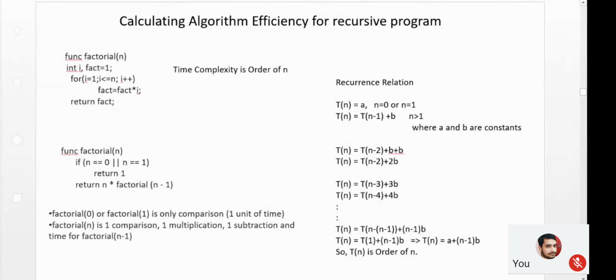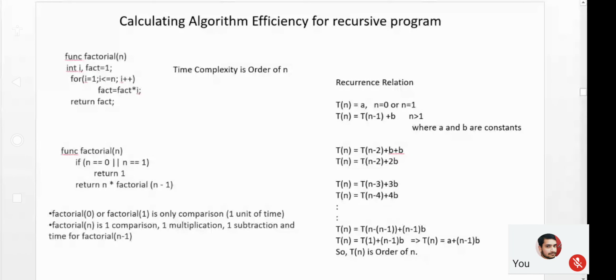That means T of 1. So T of 1 is what? It's a base condition. That's why I have put A instead of T of 1, and n minus 1 b. So 1b, 2b, 3b, 4b, n minus 1 b. This is constant, that is also constant, and n minus 1 is asymptotically the same as order of n. That's why we can say the time complexity of factorial is order of n.